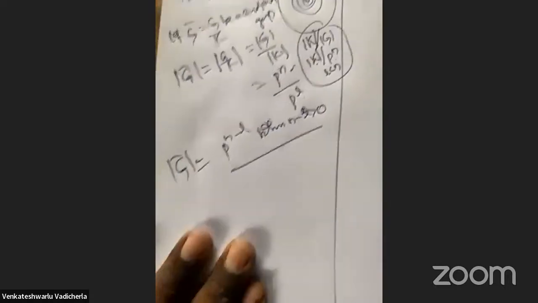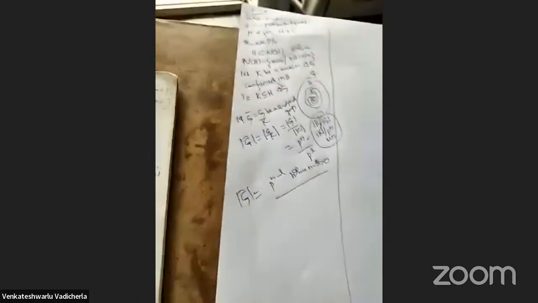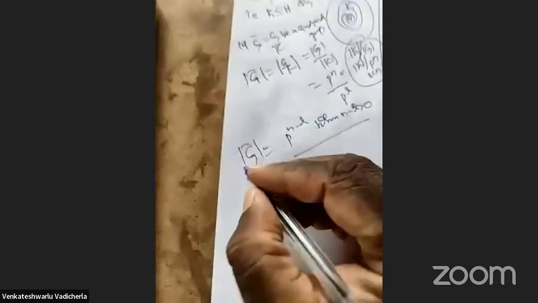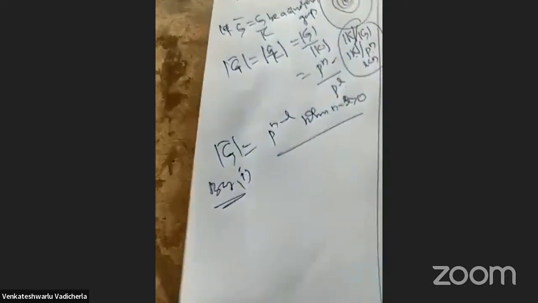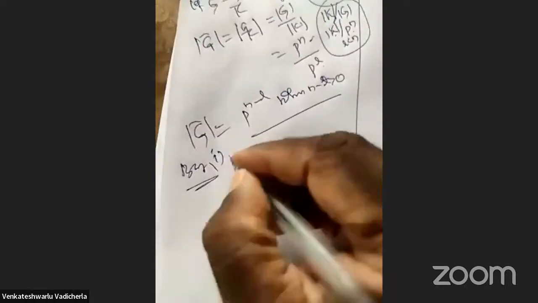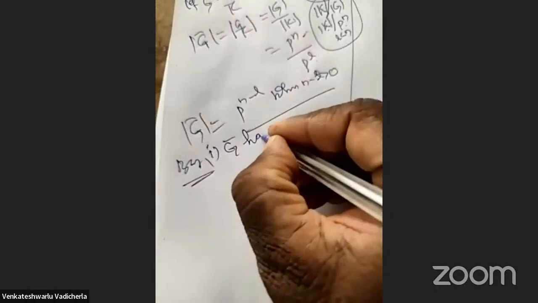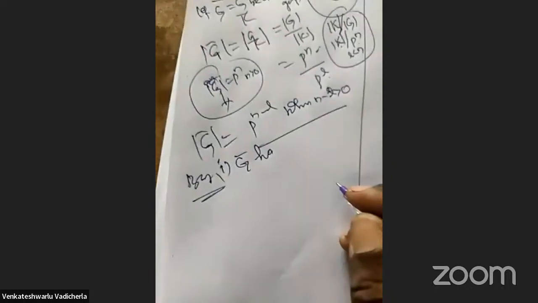This is the first part. The first part tells us n minus l is greater than 0. By the first case, a group of order p to the power n greater than 0 has a non-trivial center.